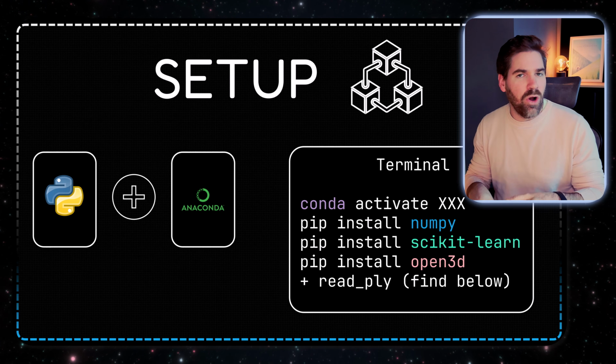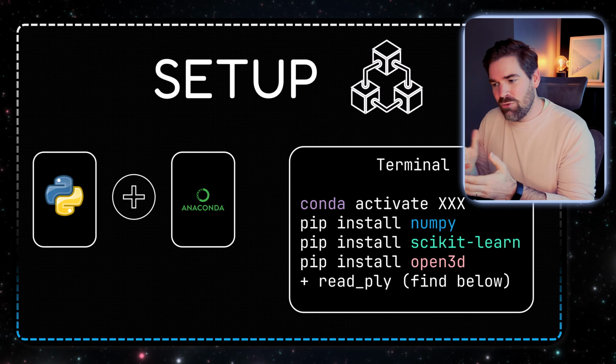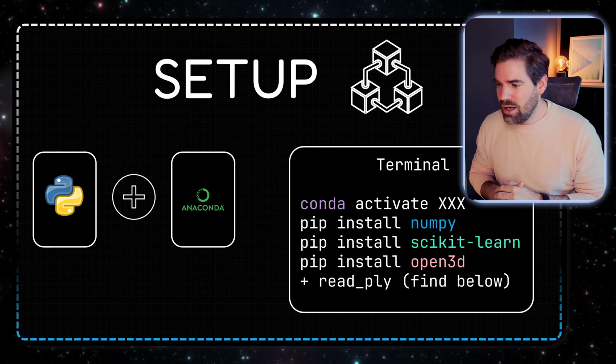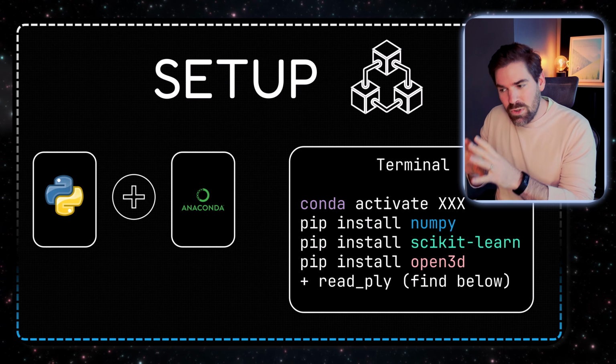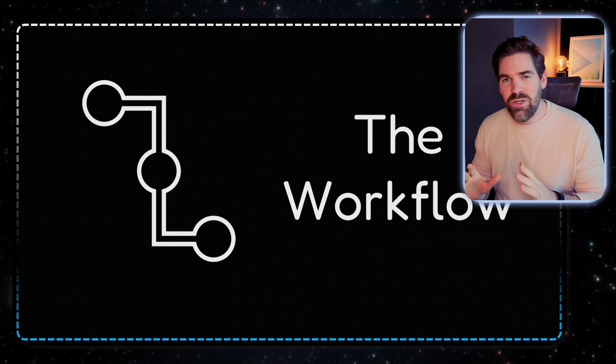I give you the function just below, so you can just download that. It will be easier for you. NumPy, you already know. Scikit-learn is very good for machine learning at large, and Open3D we'll just use for visualization. Okay, so this is very minimal.